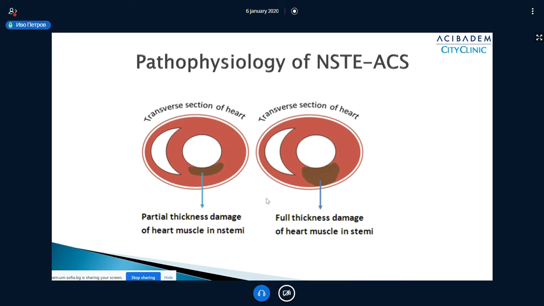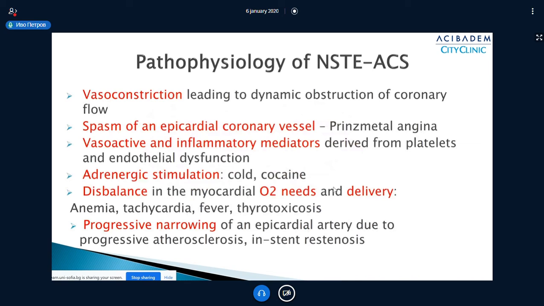So it can be divided into subendocardial damage to full thickness damage. I already mentioned vasoconstriction, spasm, vasoactive and anti-inflammatory mediators, adrenergic stimulation like cold, cocaine, stress, other drugs, and of course progressive narrowing of the vessel is also very important.